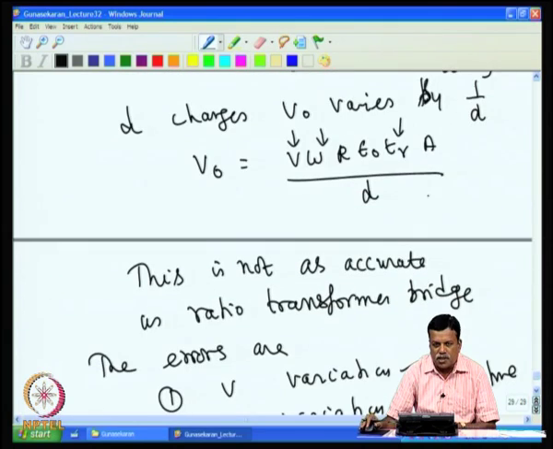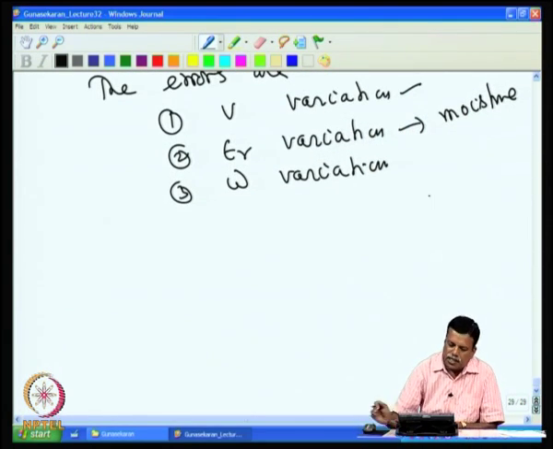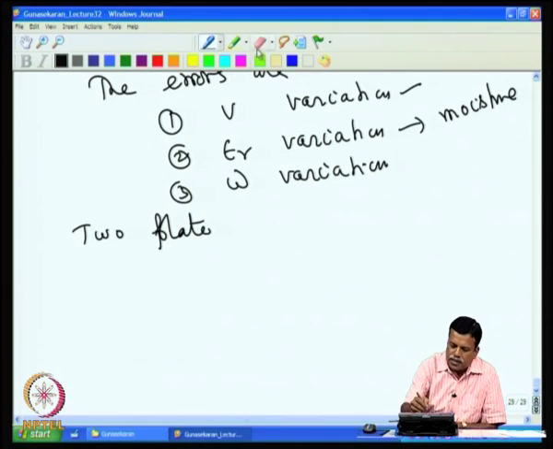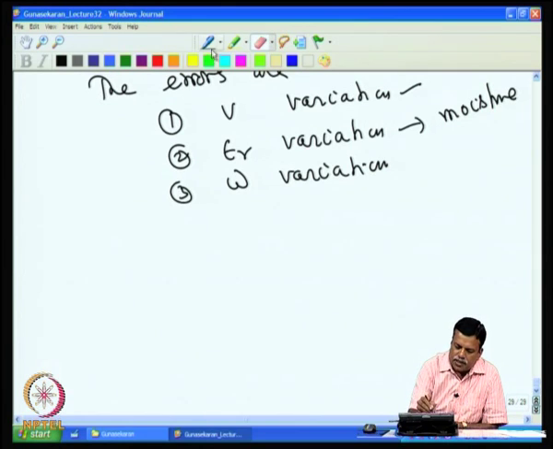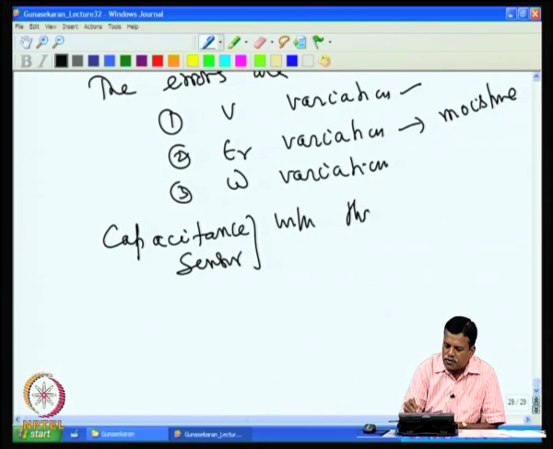So, one possibility is to go for the three plate technique, which is what is done in industry. This is the capacitance sensor with three plates.